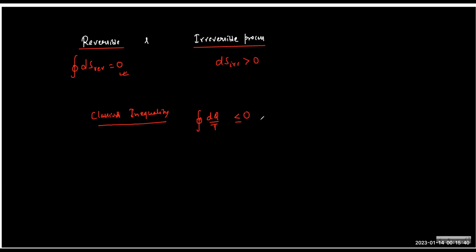When we take equality, for a reversible cyclic process, the dQ by T is exactly zero. So this is called Clausius inequality. You're not supposed to worry about all these things, but it's good to know.